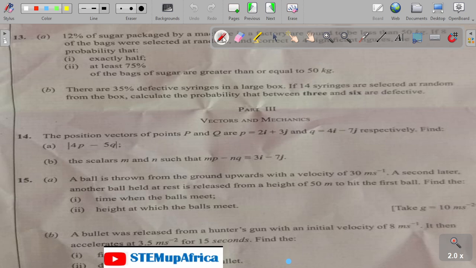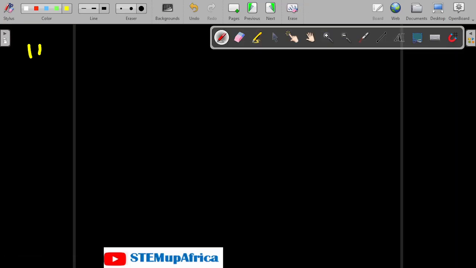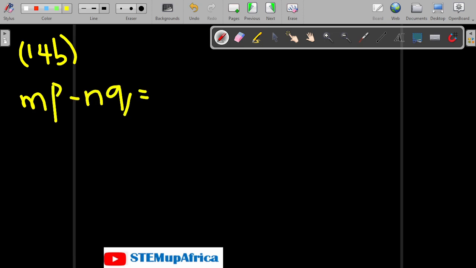14b says the scalars m and n are such that mp minus nq equals 3i minus 7j. So I will put m bracket vector of p, minus n bracket vector of q. So mp minus nq is equal to 3i minus 7j.